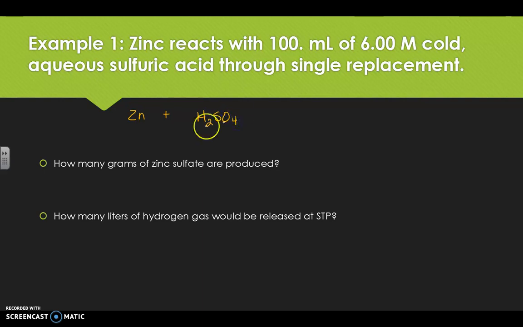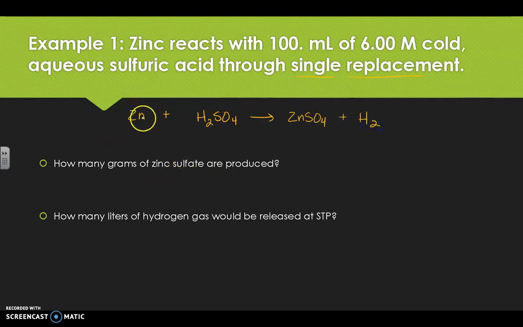Right? Anytime we do any type of equation or math, we have to have a balanced chemical equation. So we're writing that. We know that this is a single replacement reaction, which means one thing trades places. Zinc has a positive charge, so it replaces the positive charge. So on the other side, we have ZnSO4 plus H2. Nothing new here. You've seen this before.